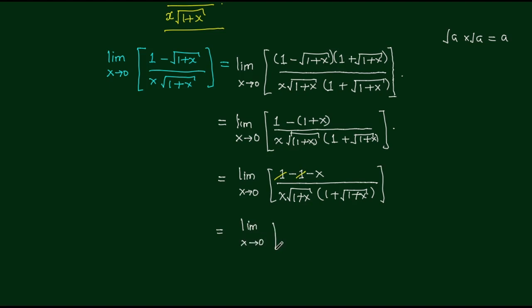So how will it look in terms of this factor we're talking about? We can say this is the same as negative 1 times x. As usual, we also rewrite our denominator here, multiplied by 1 plus under root of 1 plus x.